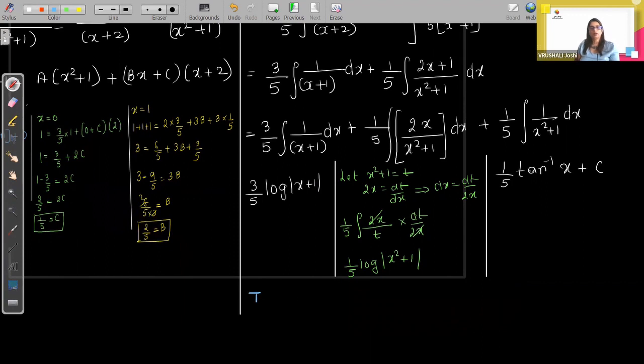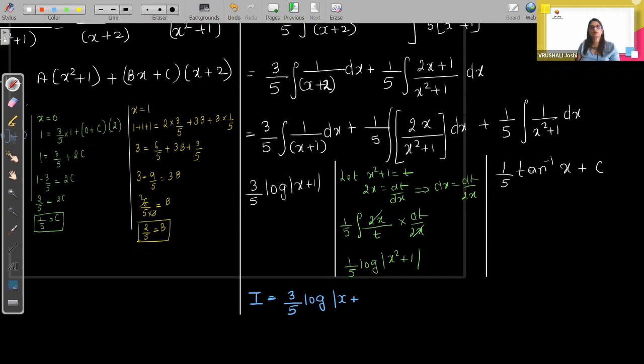therefore then I is equal to, we will write all of this together, 3 by 5 log modulus x plus 1, is it? Here x plus 1. No, this is x plus 2, this is x plus 2.